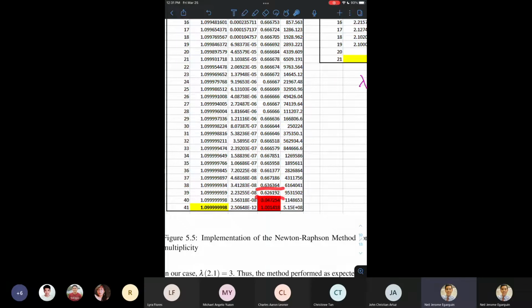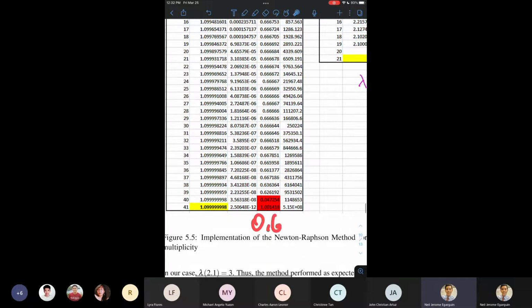So this is where my computing device starts to have precision issues. That led me to believe that this is probably not trustable. I cannot trust this one. So I'm thinking, oh yeah, it looks like it converges to 0.66, if I disregard the results from calculations that I think were subjected to cancellation error.